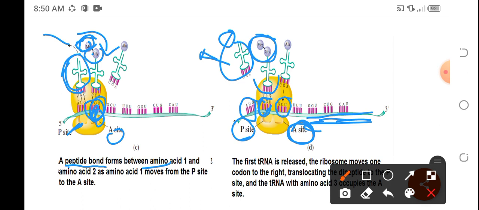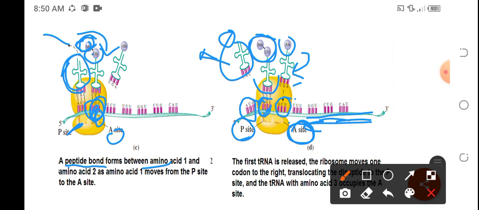So kung ang third codon ay GCU, okay, and that codes for alanine, darating na yung activated tRNA carrying that alanine, and this anticodon will again base pair with the codon. So yung process continuous lang na itutuloy lang, ulit-ulit lang.